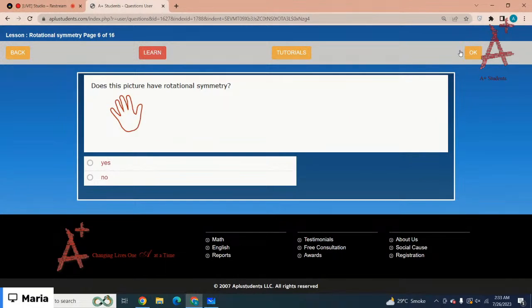Okay. Does this picture have rotational symmetry? So which is the correct option?